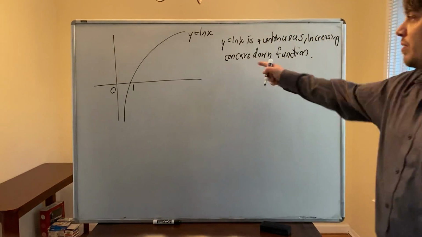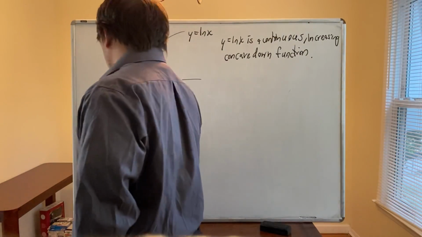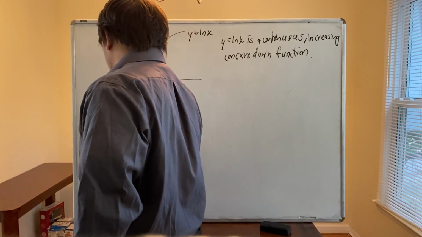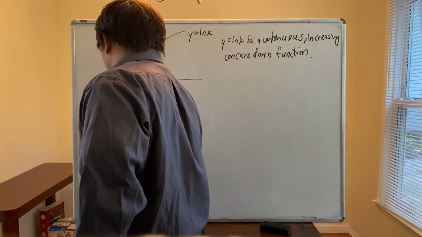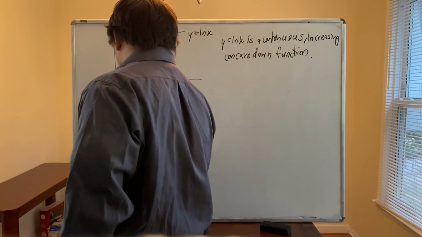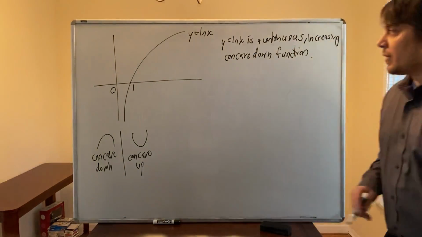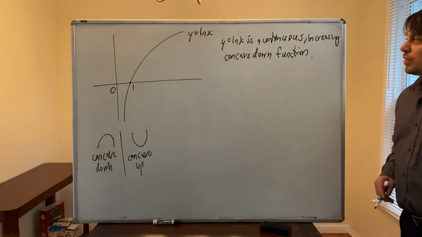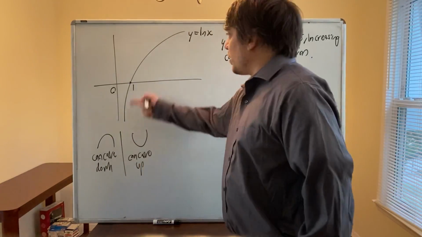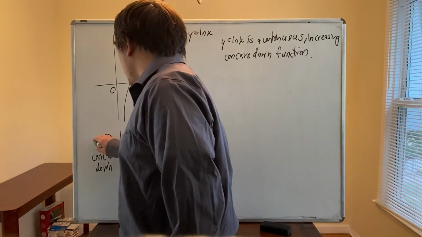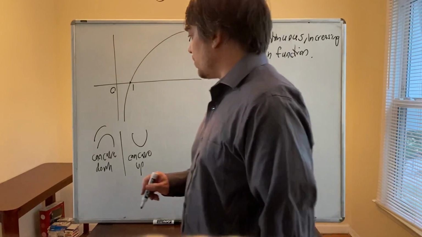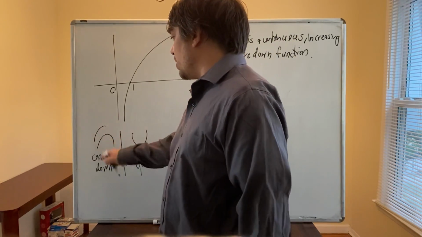Okay, so a concave down function, this is a concave down function. Right? That's a concave down function, that's a concave up function. In fact, the left side looks like the part that's increasing but concave down.